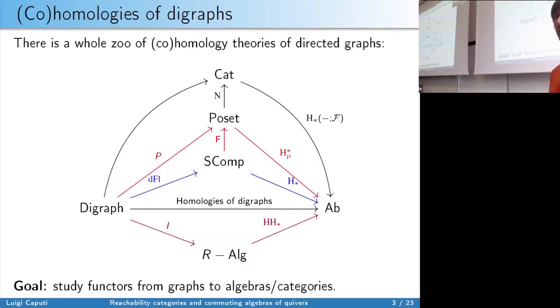For example, as I was saying before, you can represent the category of graphs in the category of categories itself. So this is the path functor we were describing before. And we can also describe graphs in terms of posets, simplicial complexes, or in terms of algebras as well. There are many different aspects that we can use, and today we will touch some of them.